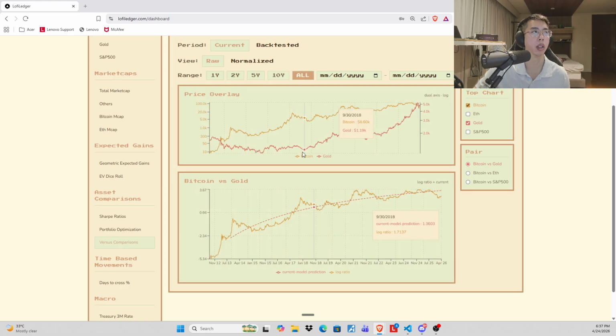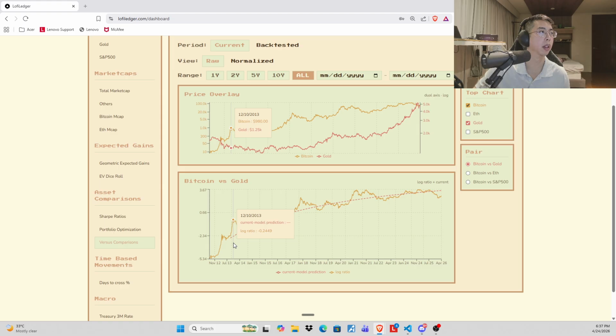If we look at all the data again, this is what it looks like, right? So you can see that when the bottom chart is going up, that means Bitcoin is gaining momentum versus gold, right? So Bitcoin is growing faster than gold.